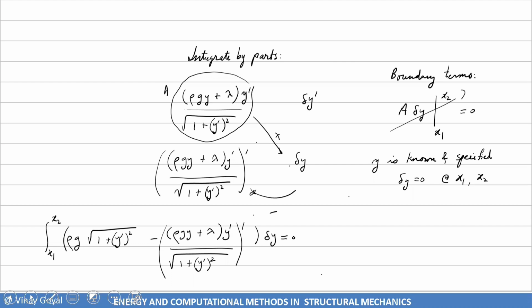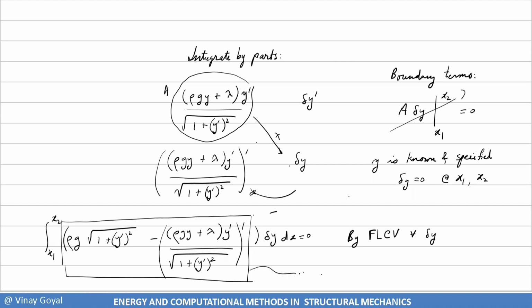I am missing a dx, so I should write down the dx. By the fundamental lemma of calculus of variations, for any del y, this term here has to be equal to 0. And that's your Euler-Lagrange equation.